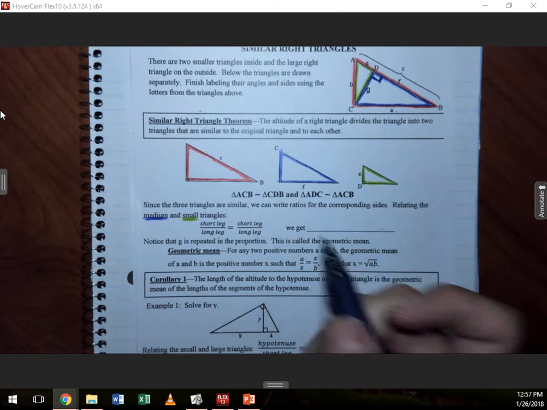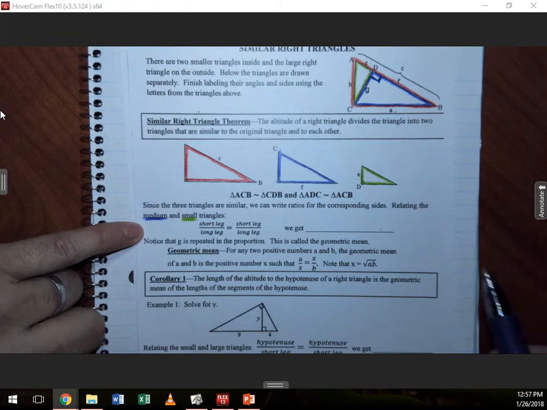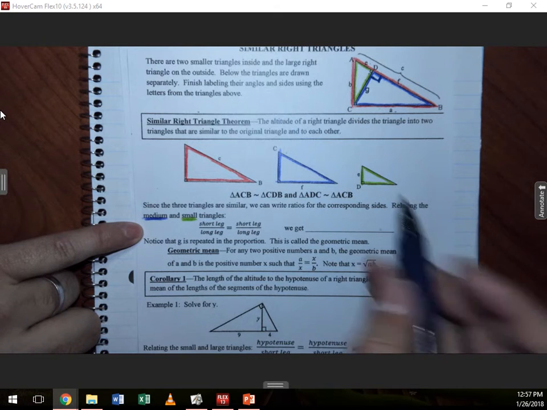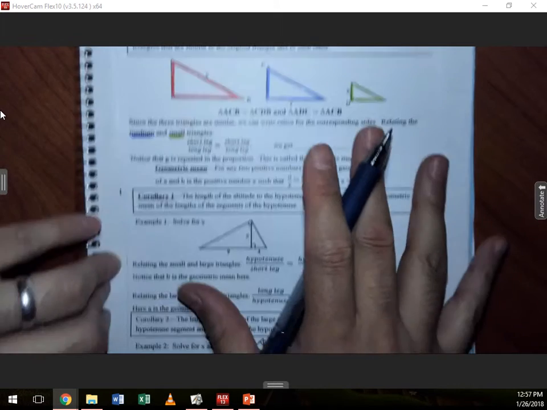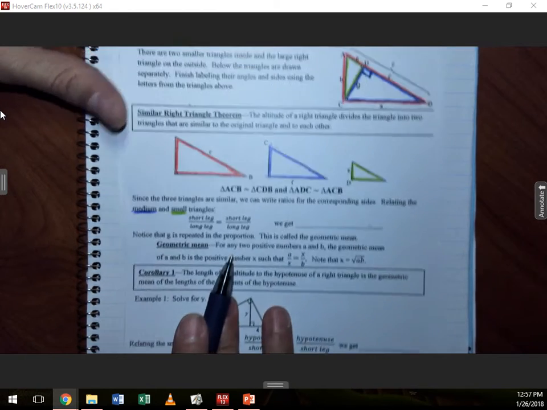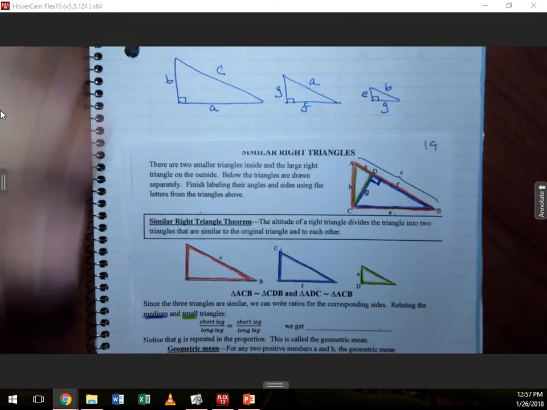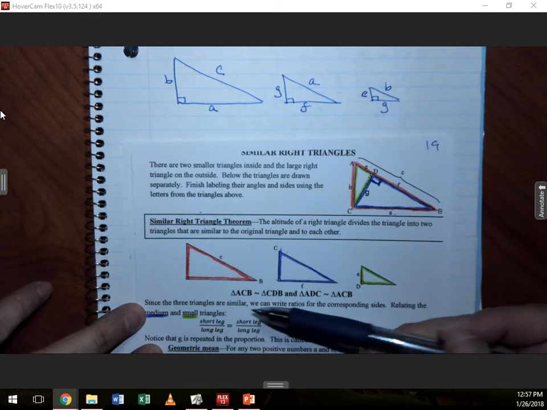Okay, so that means that all this right here is my grande. So from here, what is the letter that I use for my short leg of my grande? Let me slide this down. Here it is.